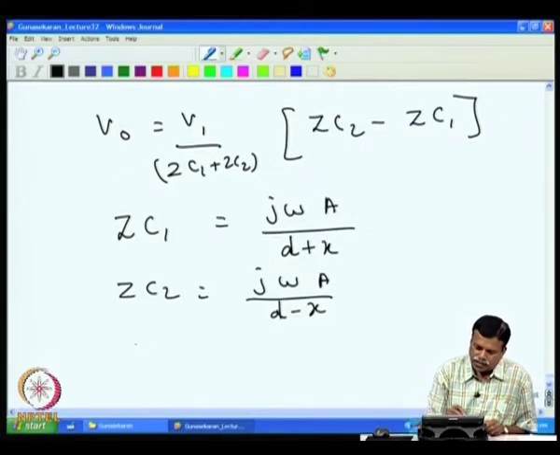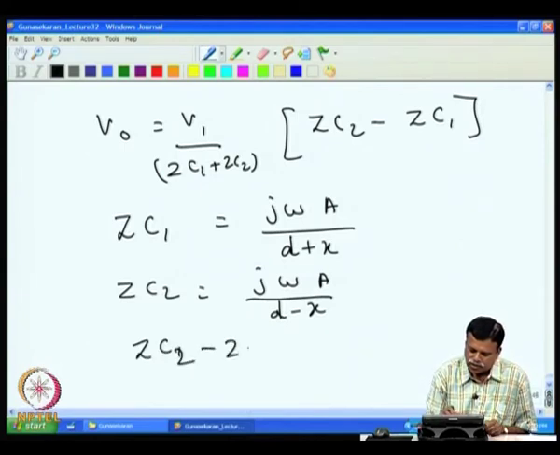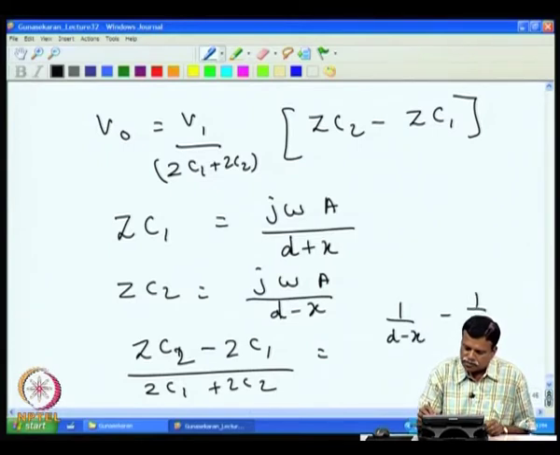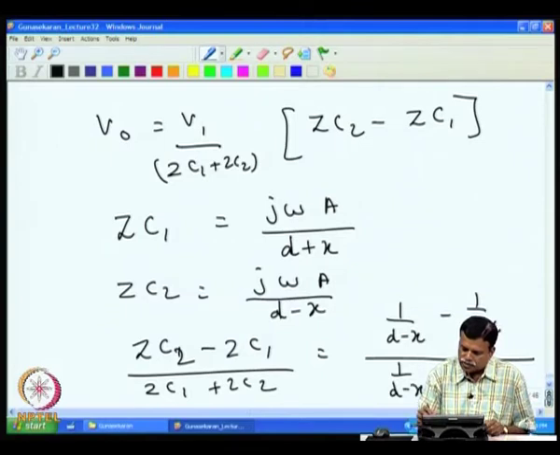Now, if I simplify ZC2 minus ZC1 divided by ZC1 plus ZC2, that comes as C2 minus C1, which is 1 by d minus x minus 1 by d plus x, divided by 1 by d minus x plus 1 by d plus x.